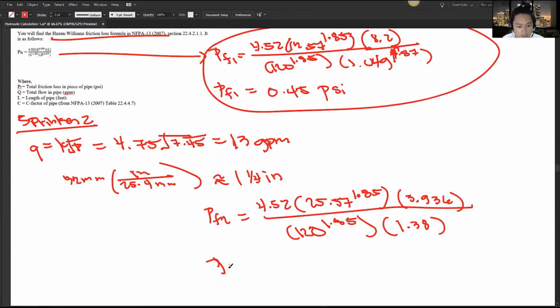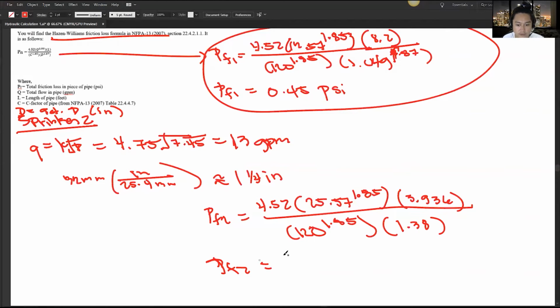And I'm not going to put the units because it's already a derived unit, and we've made sure that our units are consistent with what's in the definition of the formula. It's in GPM, feet, the C factor, and the D diameter, which is in inches. D is the actual diameter in inches.